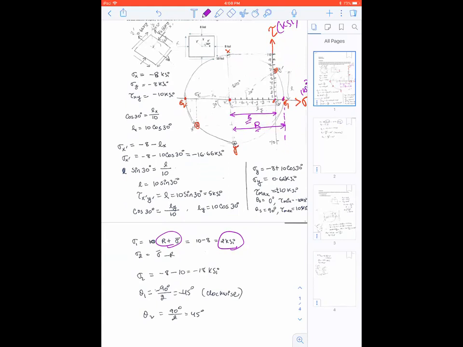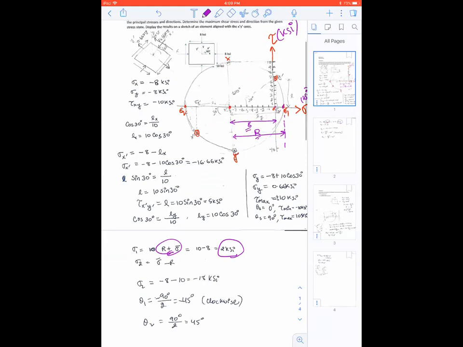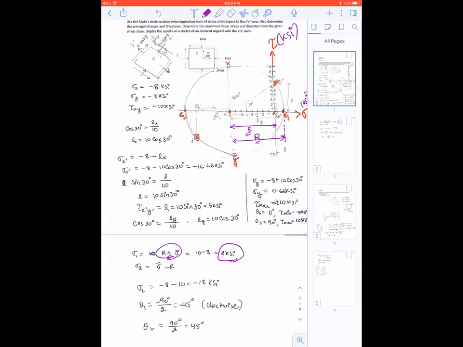And let's look at sigma 2. So remember, I put plus sign because your sigma bar is negative 8. So sigma bar is sigma x plus sigma y divided by 2.